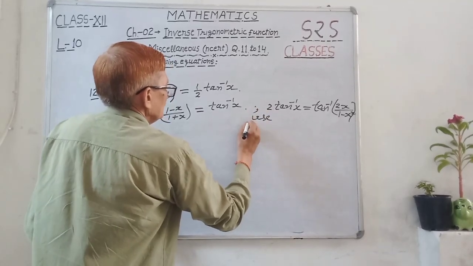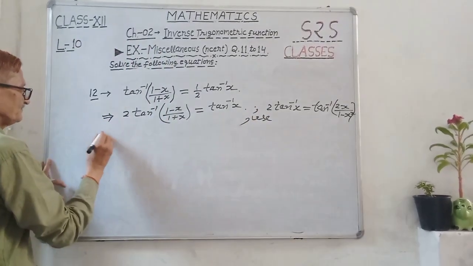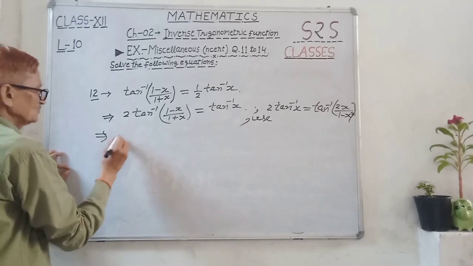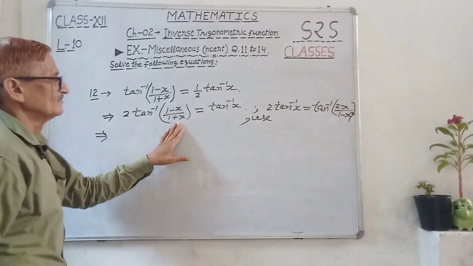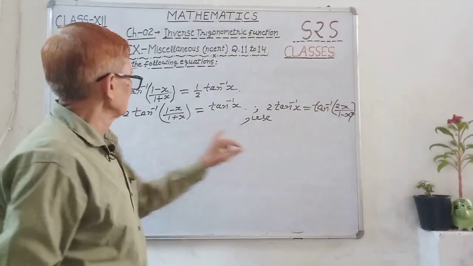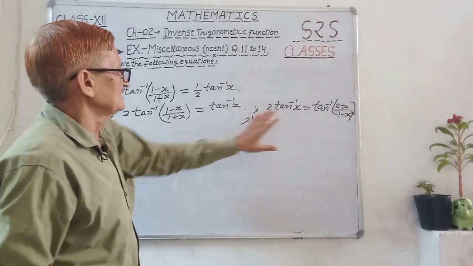Use this formula, then what will come? This 2 tan inverse something is like 2 tan inverse x. Here it is (1 minus x upon 1 plus x) in place of x.